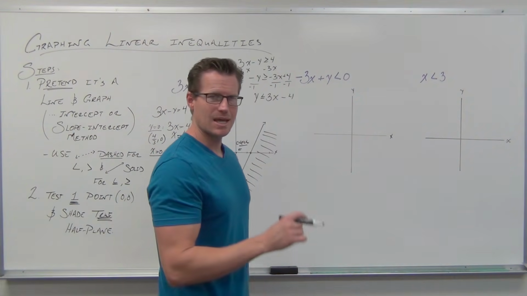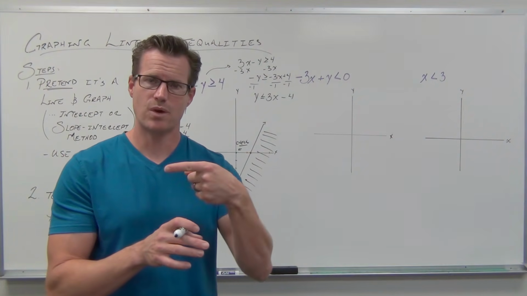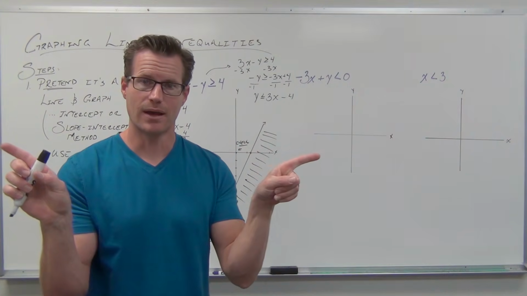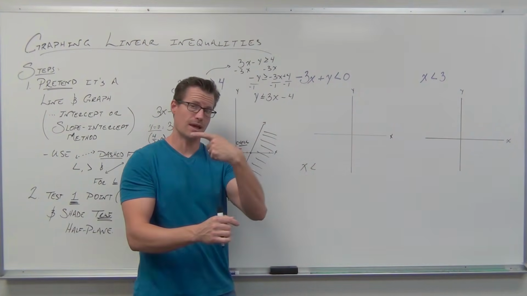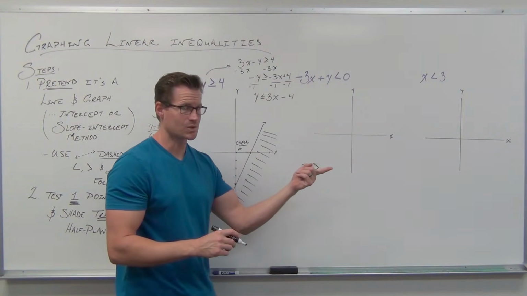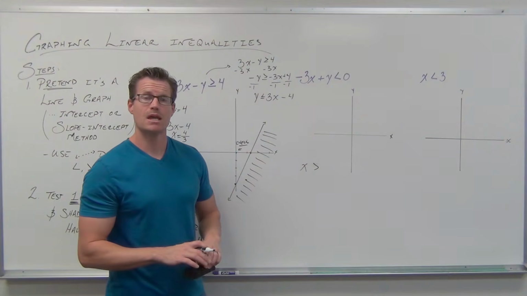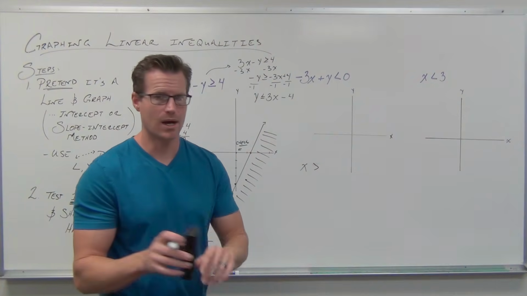Do you remember that if your variable was on the left-hand side, it would show you the direction to graph on a number line? If it was this, you graph left. This, you graph right, which is very convenient. The same thing works if you have solved for y. Let me show you.